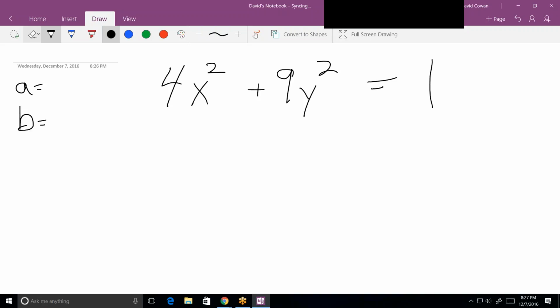They're both 1 at the moment. You need the numerator to have a 1. So what does the denominator have to be here for this coefficient to be 1?